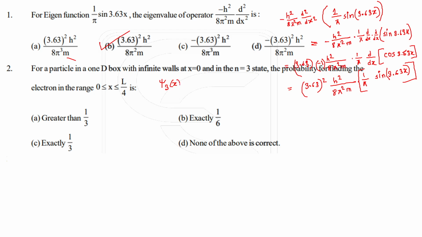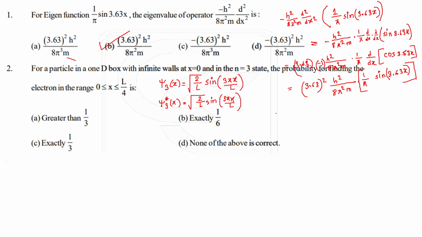So psi 3 of x will look like root over 2 by L sine 3 pi x by L. This is my wave function. Now we have to find the probability of finding the electron in this range 0 to L by 4. Your psi star, the complex conjugate, is also going to be the same, because there are no complex terms in the wave function.